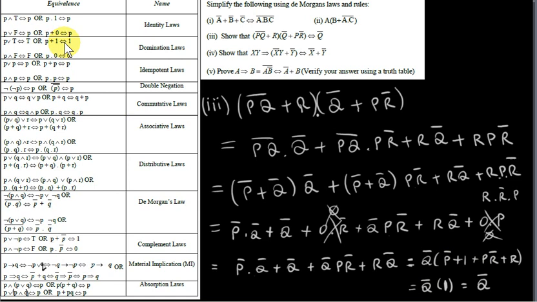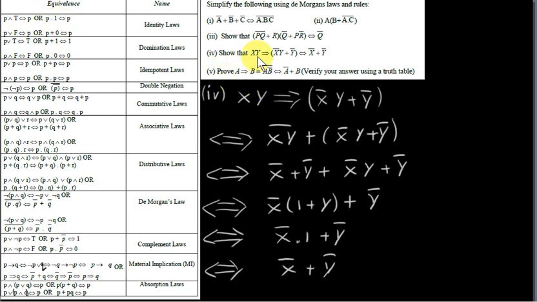So that's what's done in the domination law. We add 1 onto any proposition. So the P bar plus PR bar plus R takes the place of the P in this domination law. Add 1, we just get 1. And finally we're left with Q bar dot 1, which is Q bar. That's this identity law here.